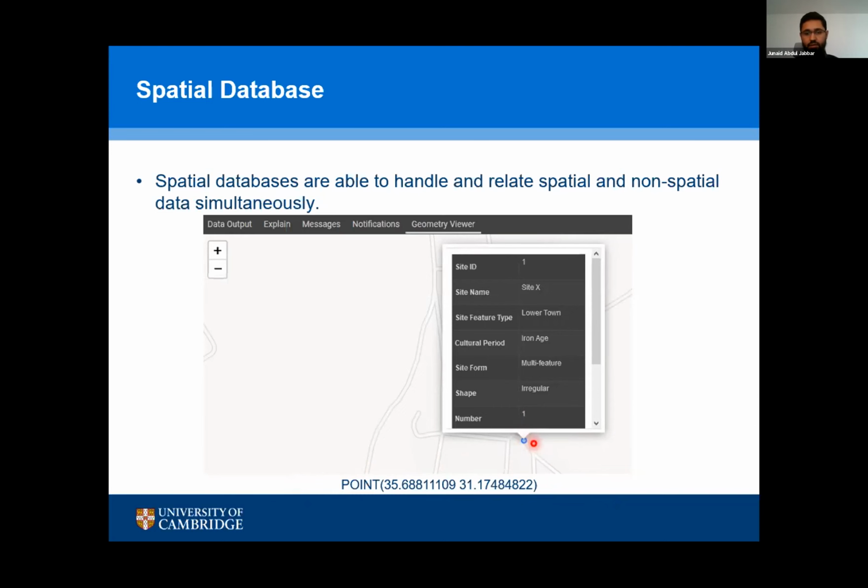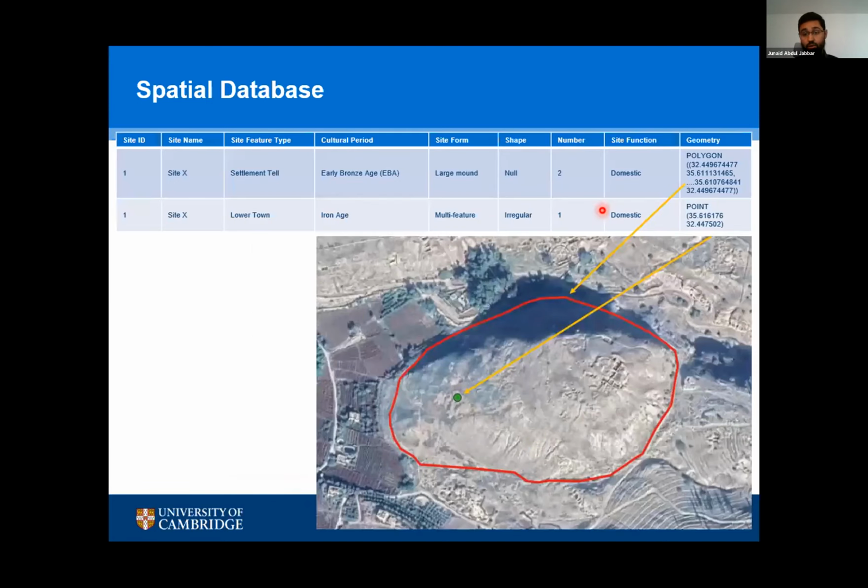Now our data can be present in different geometries depending upon the information that is available to us. So for example, if there is a site X and this is a large mound and we have a polygon geometry available for it, our geometry tells us that this is a polygon, and here is a sequence of XY values.